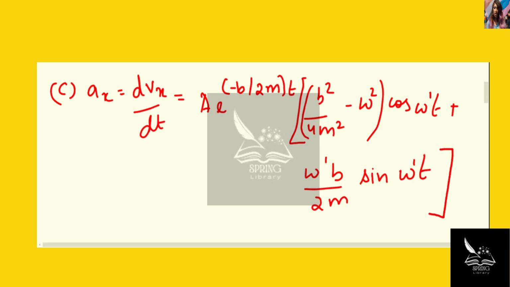So this is a_x. Understood? So according to this equation, we are going to find the answer for the C part.